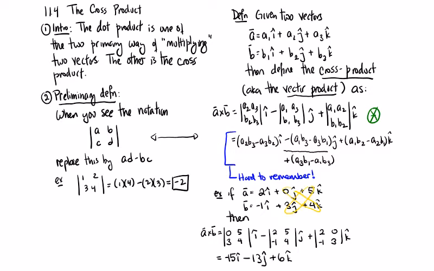That's the I component. When we do the J component, we do this times this minus this times this. And for the K component, we do this one times this one minus this one times this one. So as long as you remember that, then you don't need to write this intermediate step. But by all means, write however much you need to write for it to make sense.